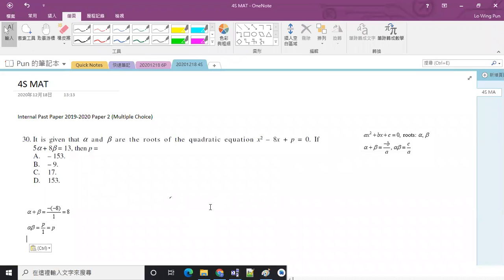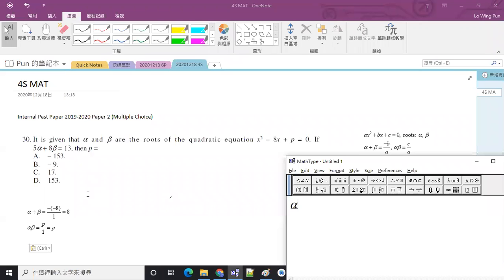Okay. But this time we have another information. We have 5 alpha plus 8 beta is equal to 13. Okay. So we are going to solve for alpha and beta first. Okay. So I just label this to be equation 1, and then 5 alpha plus 8 beta to be equation 2.